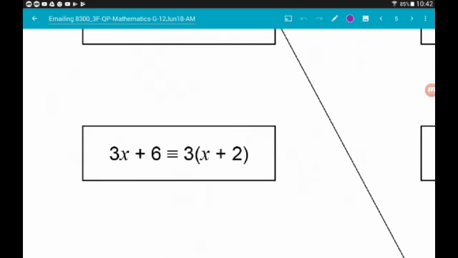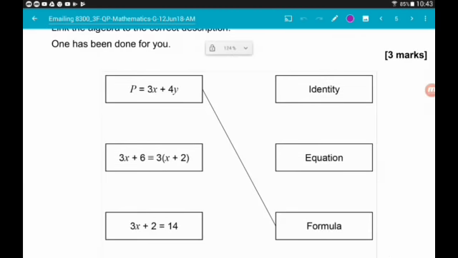The next one, 3x add 6 on the left, and then we've got this 3 bar equal sign in the middle, 3 lots of x plus 2. A 3 bar equal sign means an identity. So this is saying 3x add 6 is identical to 3 lots of x plus 2. So this one is an identity. So that is up on the top right.